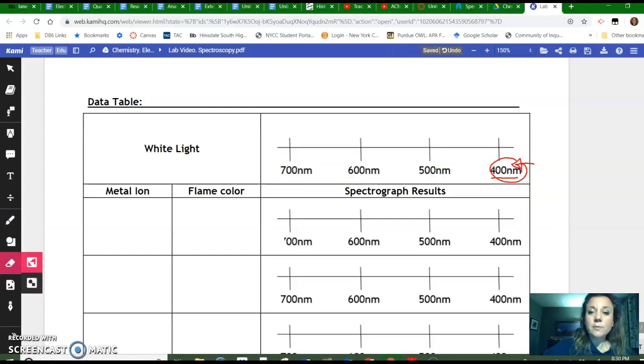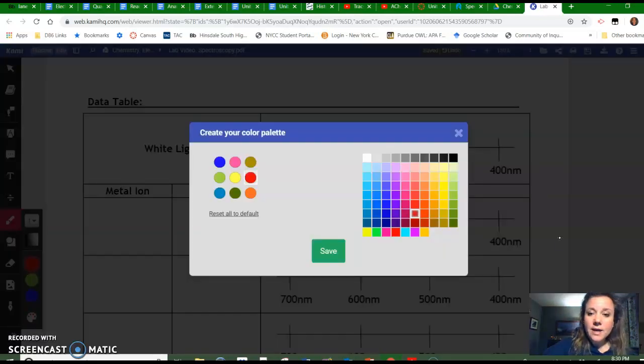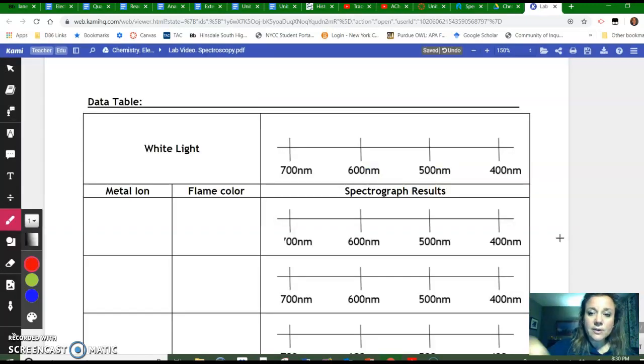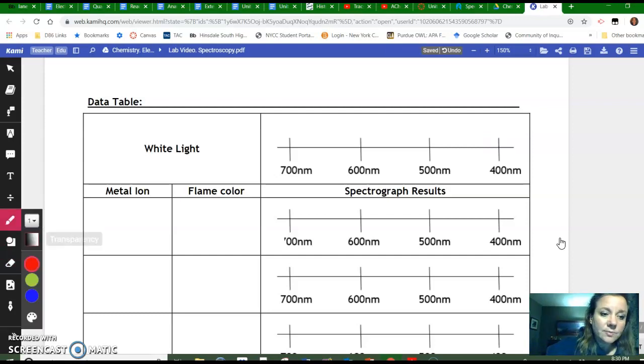So that being said, from prior videos that you guys should have watched, you should know that I'm going to change my color here, that over on the 400 nanometer side, you would have your violet light. Whoops, wrong color. Let me change my color.